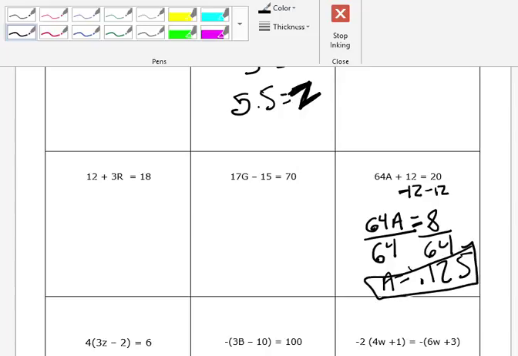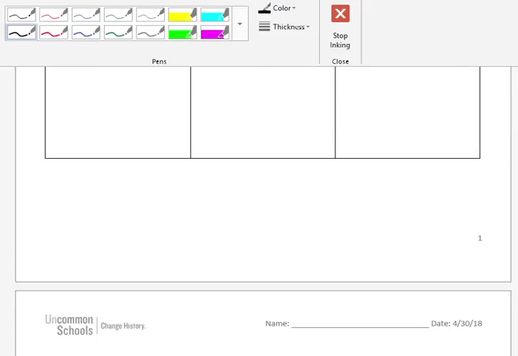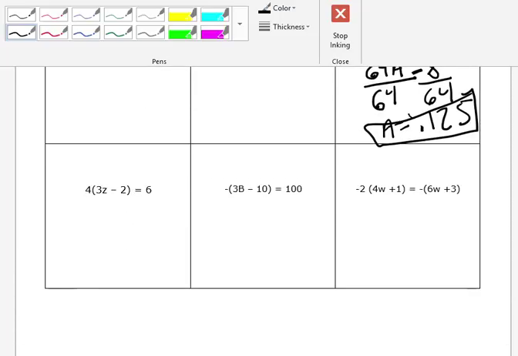And we'll take a look at the third row, and we will do the middle problem of the third row, okay? So this is my sort of invisible -1 here that I need to distribute to what's inside the parentheses. So when I distribute the -1, I'm going to get negative 3b plus, because I have -1 times -10, plus 10 equals 100.